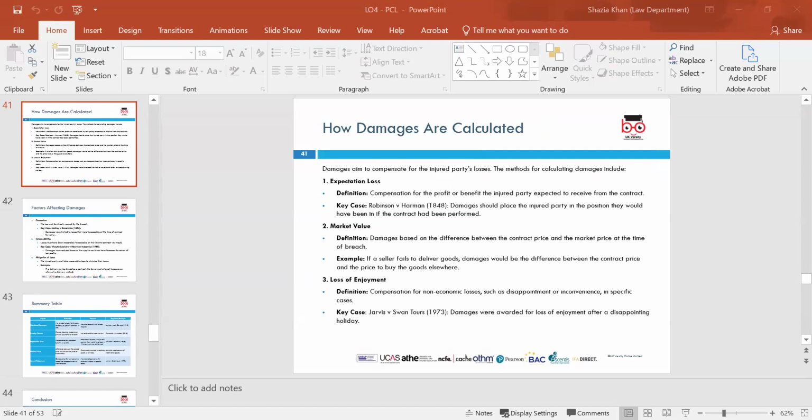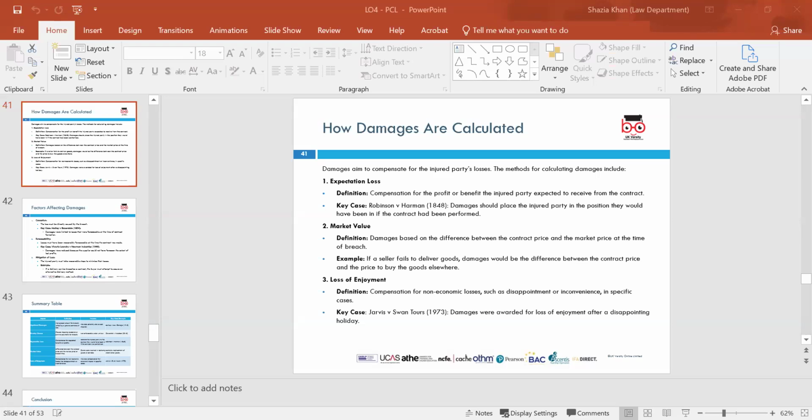And it's up to the court to award the damages. So it's the expectation loss, compensation for the profit or benefit of the injured party. It might be the market value, so damages based on the contract price and the market price at the time of the breach. An example, if a seller fails to deliver goods, damages would be the difference between the contract price and the price of the goods elsewhere.